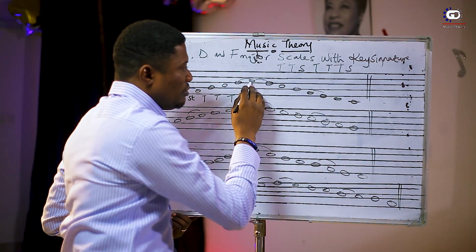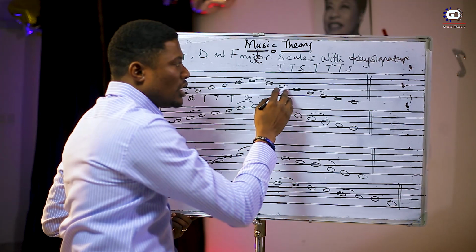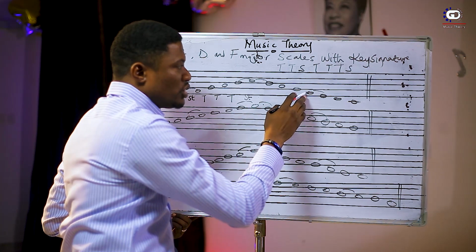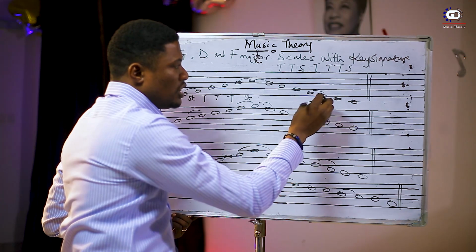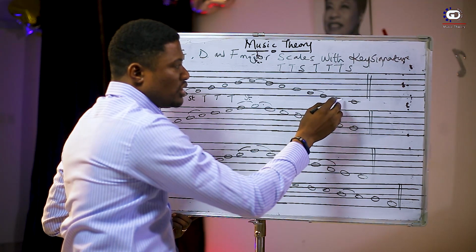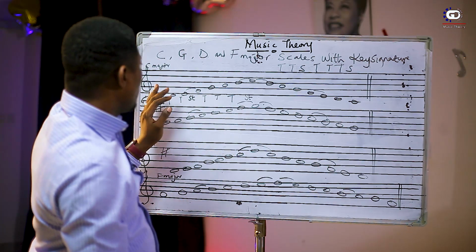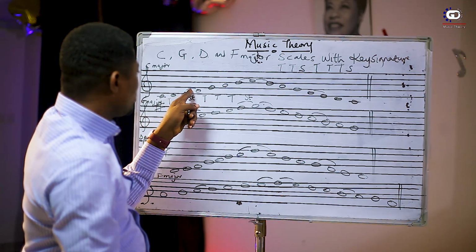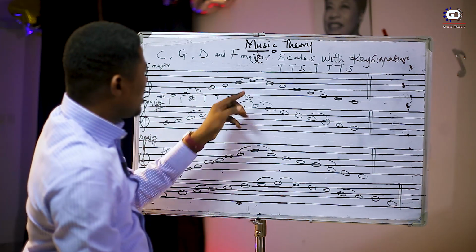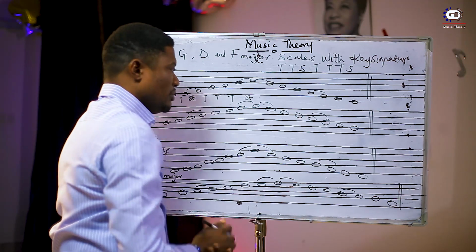So also descending, C to B is a semitone, B to A is a tone, A to G is a tone, G to F is a tone, F to E is a semitone, E to D is a tone, D to C is a tone, right? Now you will notice that I place a slur around the semitones. That's to show you where you have semitones.